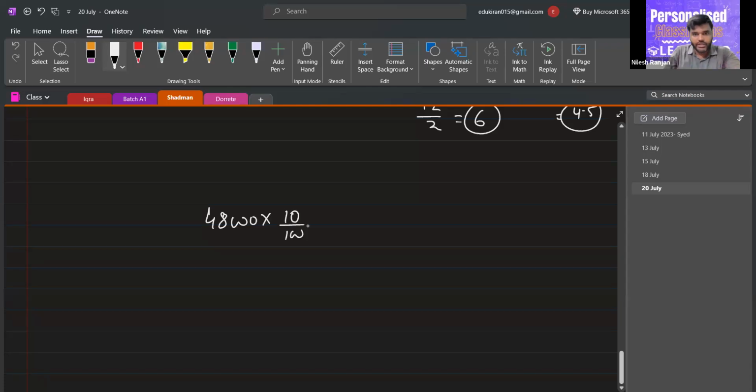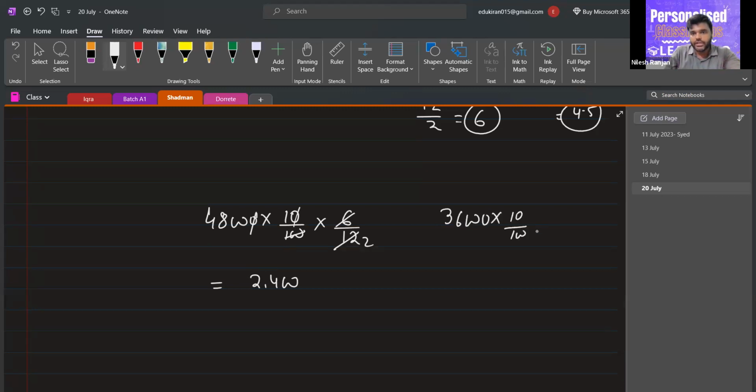So 10 divided by 100 into 6 by 12, it will be 2,400. And for second partner, it will be 36,000 into 10 by 100 into 6 by 12, $1,800 here.